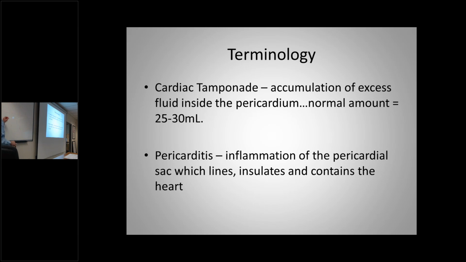Don't look at my QRS complex, look at the height. Every other one is on the same height, because this one caught it over here, and then that beat caught it over here. So that heart is kind of moving in the fluid back and forth. That's in tamponade. This actual rhythm is called electrical alternans, basically the electricity is alternating because the heart is moving around.